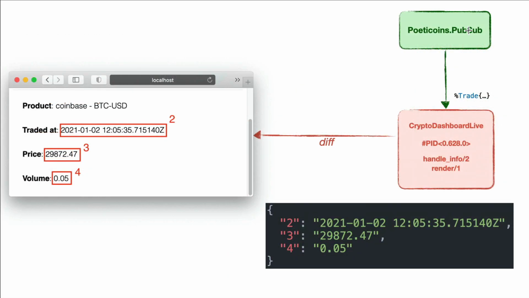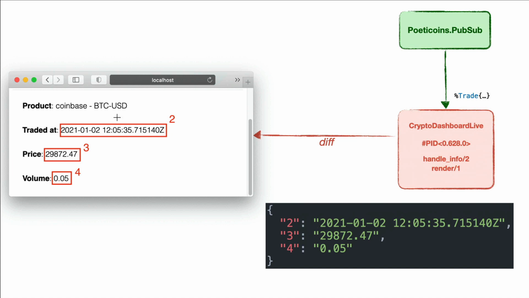Every time the LiveView process receives a new trade from PubSub, it assigns, in the handle_info callback, the new trade to the socket, and LiveView re-renders the view calling render. Only the dynamic values that change are sent to the browser with the diff message. In this way, the payload stays super compact.